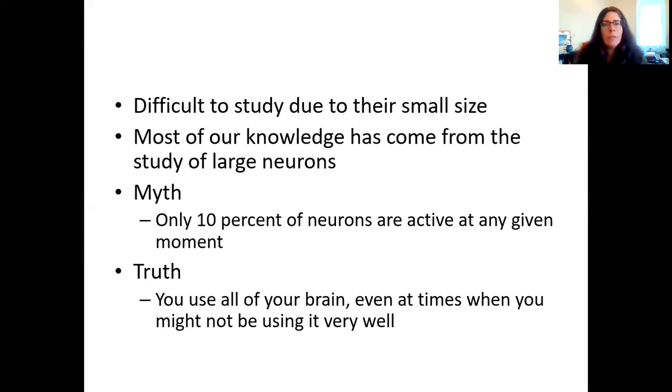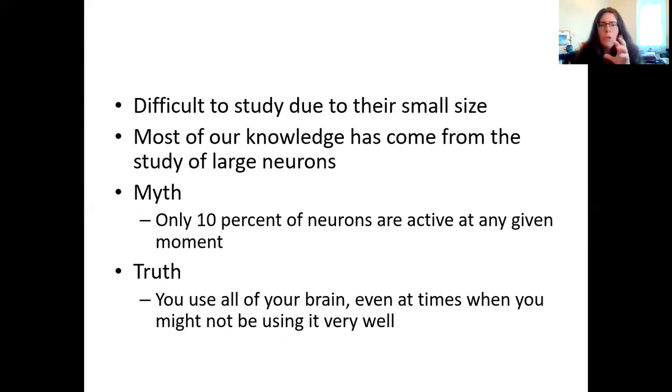In fact, some of the earliest studies of the velocity of a neural impulse came from the neurons of squids, which have much larger axons than our nervous system has.